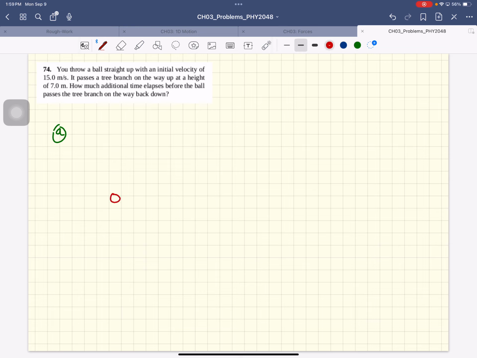You throw the ball up, and this was 7 meters. You want to calculate the time spent above the tree branch.